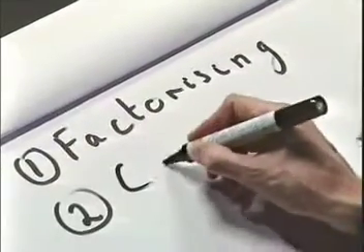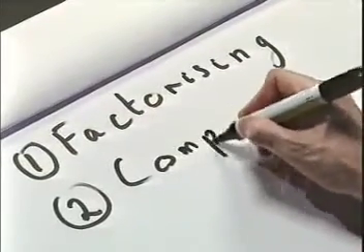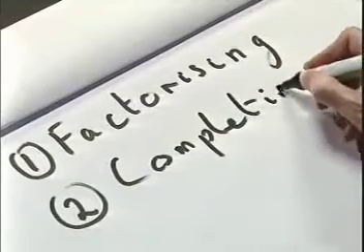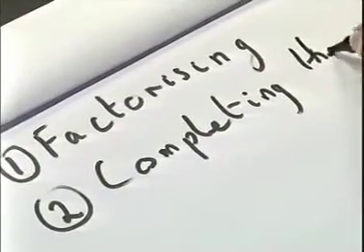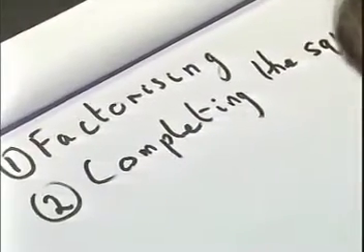Second method is by completing the square. Now again, I'm going to assume that you know how to complete the square. But again, there is another video that relates to completing the square. So if you're not sure how to do that, perhaps you might look at that video first.